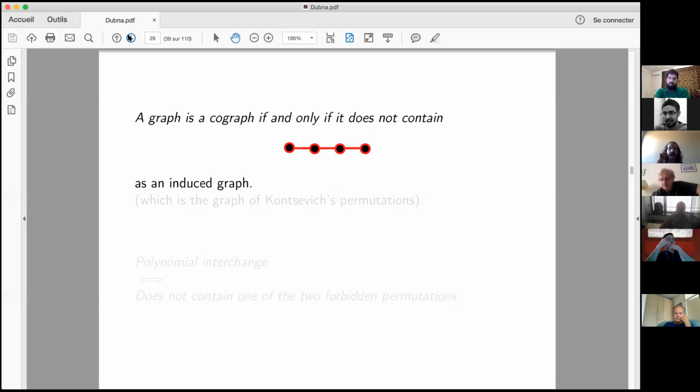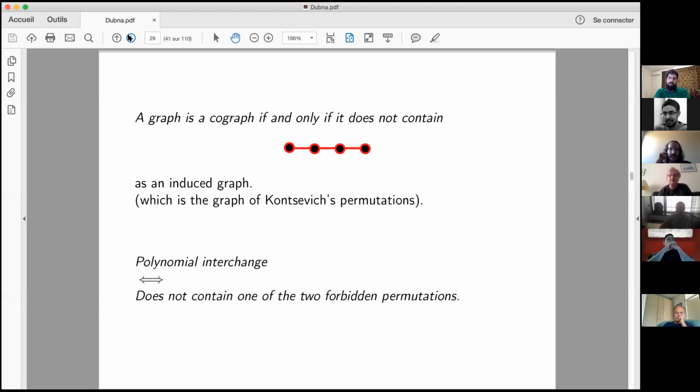Now, putting this together, it's very easy to prove that a permutation is a polynomial interchange if and only if its associated graph is a cograph.